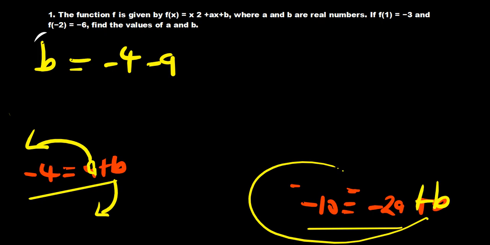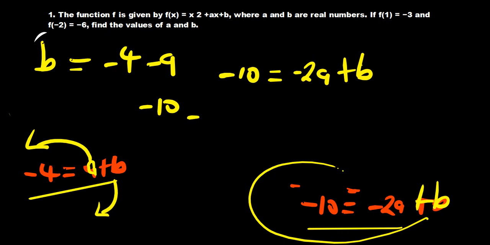So this equation, we've got negative 10 is equal to negative 2a plus b. Let's replace b.